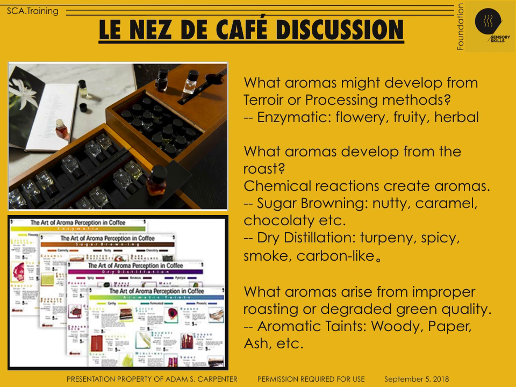And so the first level of your understanding, as you begin to process these sensory skills, is just identifying those families. So don't go straight for the jasmine or the honeysuckle or the lemon. Just go to enzymatic and then try to say, is this a flowery enzymatic, or is it more fruity, or is it more herbal?